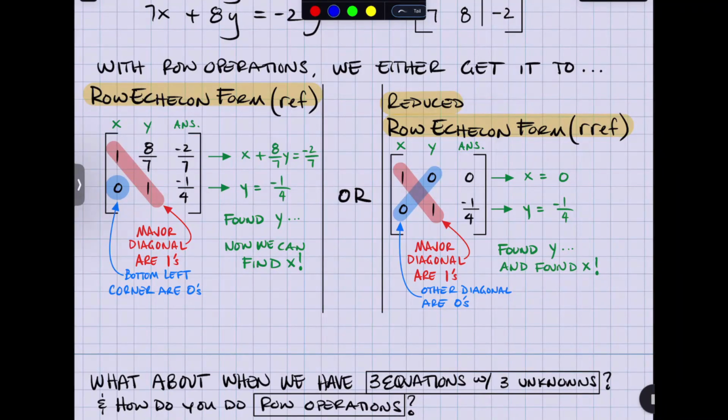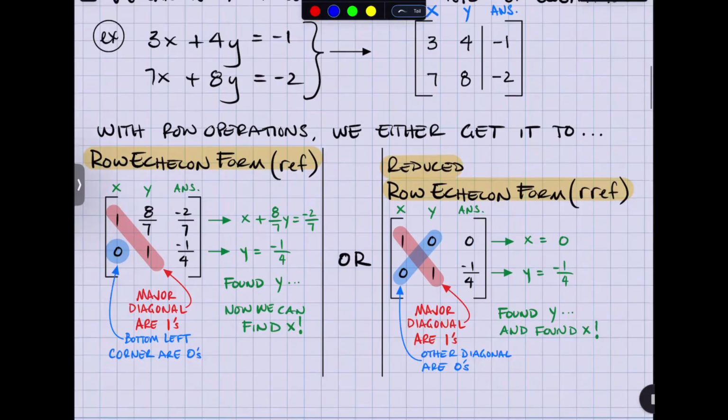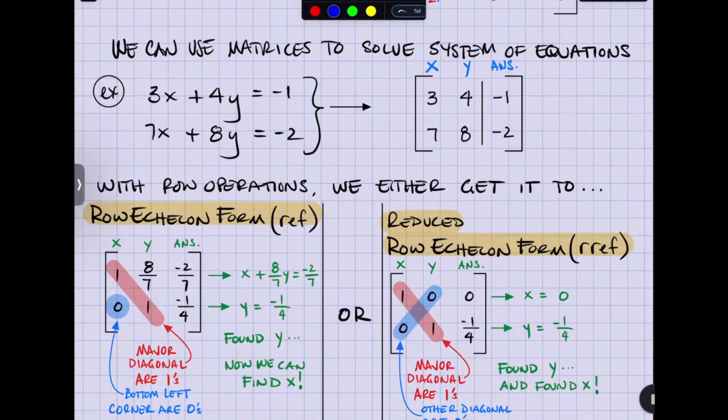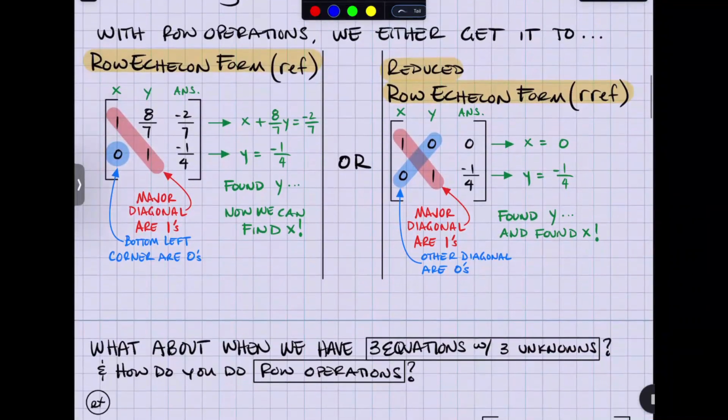So after you convert, let's say this equation here into a matrix, you get to row echelon form, the majority of the work is done. Then you have to convert that matrix back to equation form. So if you look at this row right here, this means 1x plus 8 over 7y is equal to negative 2 over 7, period.